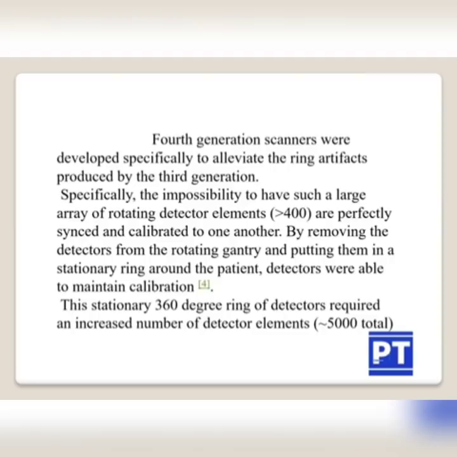By removing the detectors from the rotating gantry and putting them in a stationary ring around the patient, the detectors were able to maintain calibration. This stationary 360-degree ring of detectors requires an increased number of detector elements, approximately 5000 in total. So the X-ray tube is rotating inside the stationary ring or array of detectors.